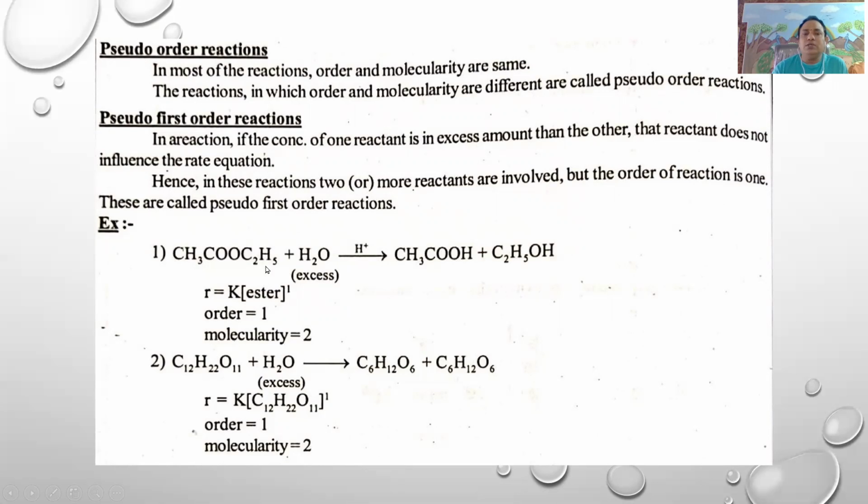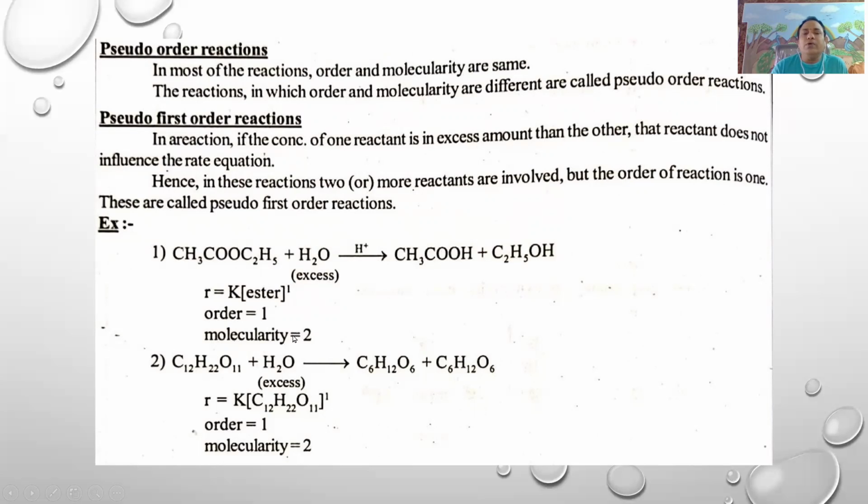Ethyl acetate undergoes hydrolysis in the presence of acid media. It gives acetic acid and ethyl alcohol, in which the rate depends only upon the concentration of ethyl acetate. Therefore, it is a first order reaction. But in the rate determining step, ethyl acetate and water molecules participate. Therefore, its molecularity is 2.